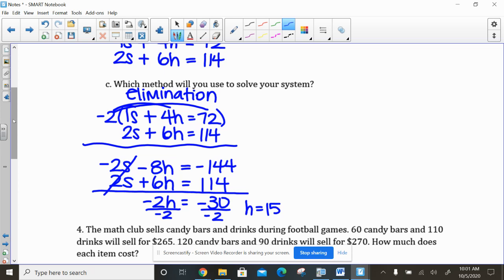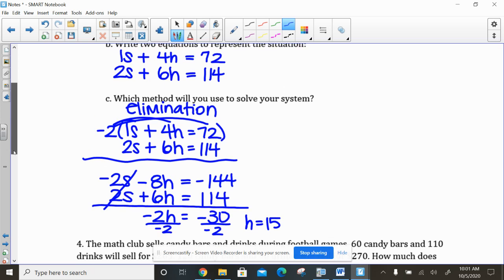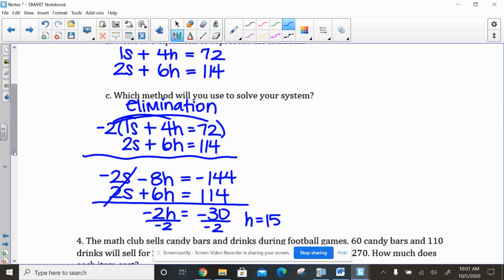Now I need to pick an equation to plug it back in for. It does not matter. I'm just going to go with the first one. So 1 saw and 4 hammers is $72. I know now that the hammers are $15, so I'm plugging that back in. 4 times 15 is 60.